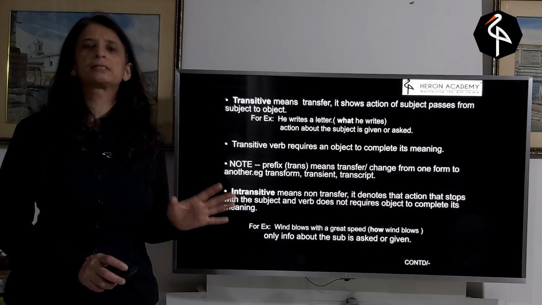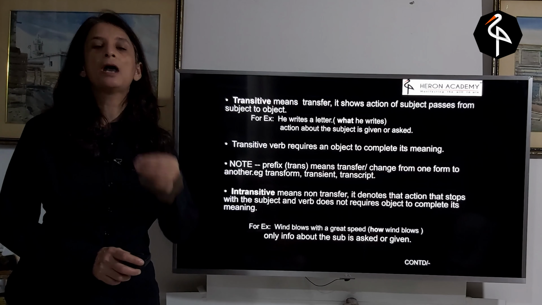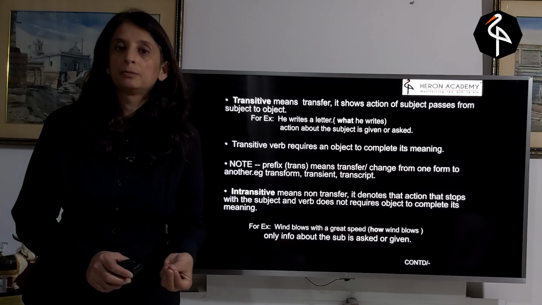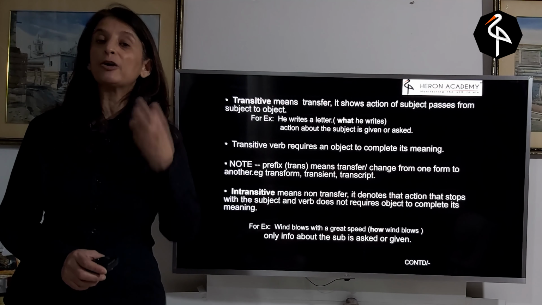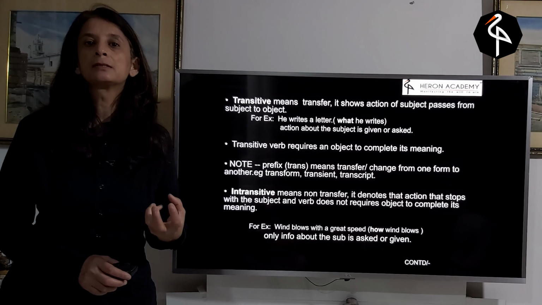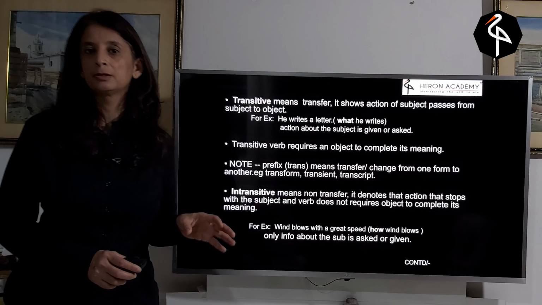In simple words, if you are asking about the action of the subject, what does he do, has he done it or has he not done it, when you are asking or inquiring or giving information about the subject's action, it is a transitive verb and then you can change it.